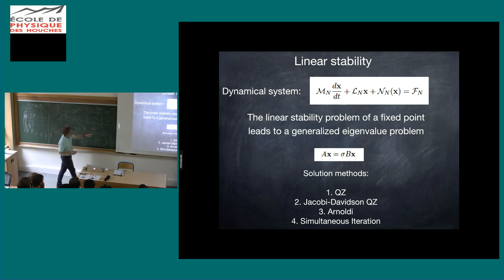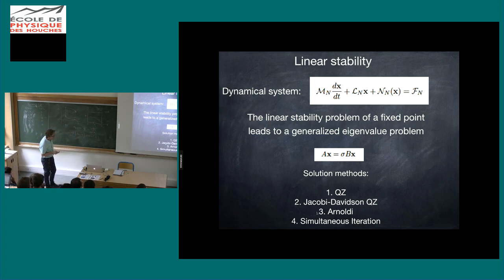Here you have to solve a generalized eigenvalue problem, because the M is usually singular, which ends up in a singular matrix B here if you discretize the linear stability. And there you have to use the traditional methodology, QZ. I mean, don't worry about it, but I just want to mention it.